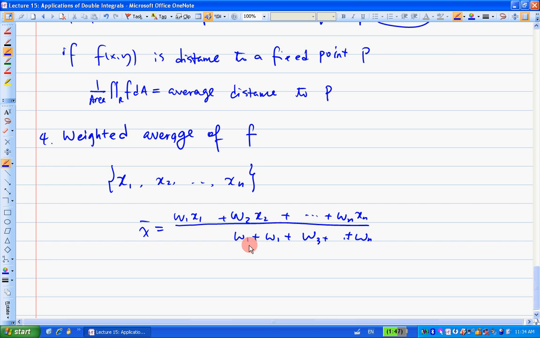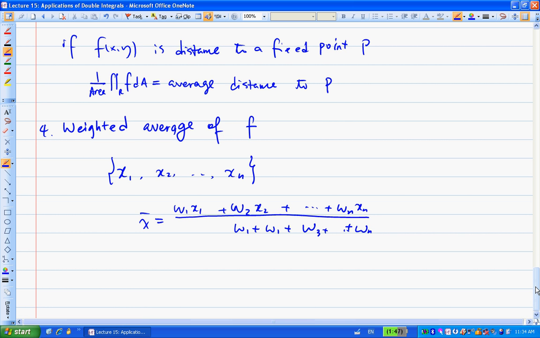Usually in probability, the weights w1 up to wn add up altogether to equal 1, which is 100%.